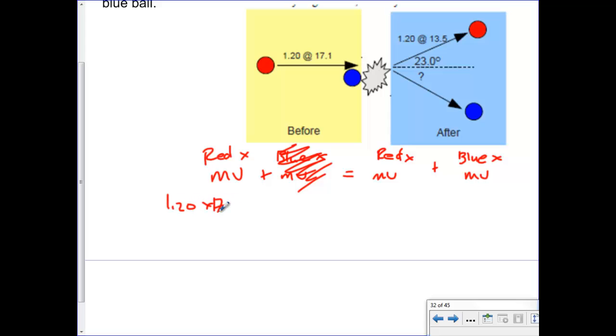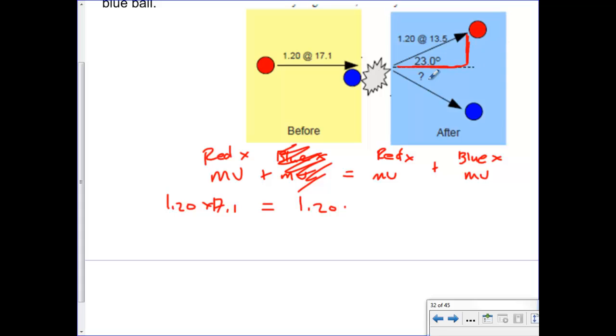Sorry. Times 17.1. Now, we know the mass of the red ball is still 120, but I can't plug in 13.5, because the 13.5 is actually the hypotenuse. Right? And so this might look similar to what we've done in previous units.